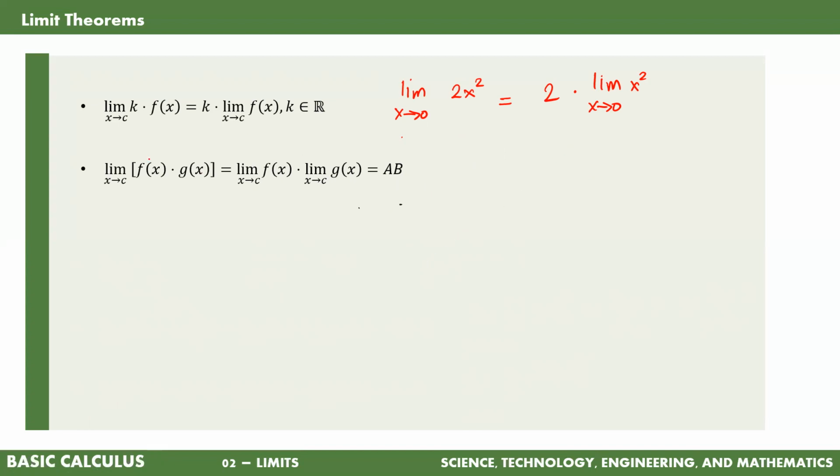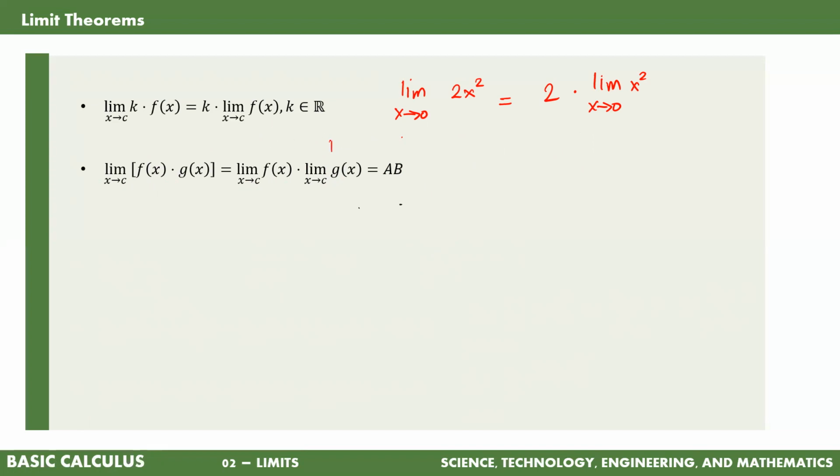Ayan. You have the limit of the product of f of x times g of x as x approaches c is equal to the limit of f of x as x approaches c times the limit of g of x as x approaches c, which is ab. Ayan. Kasi ito yung a, ito yung b.